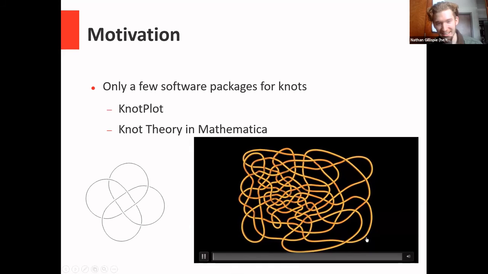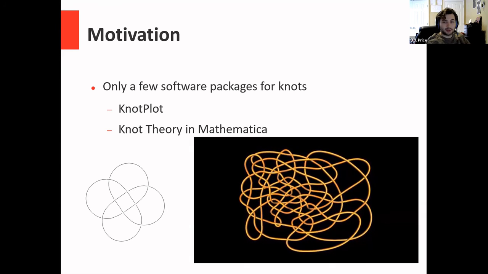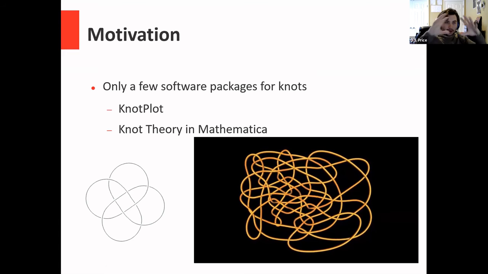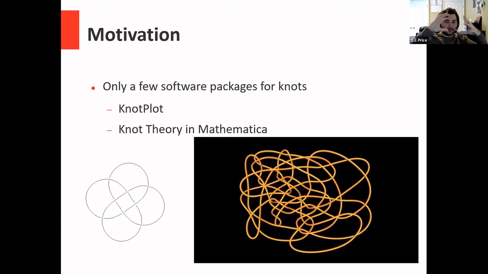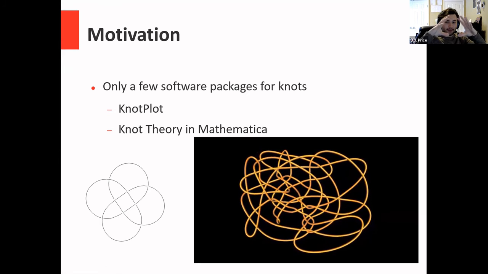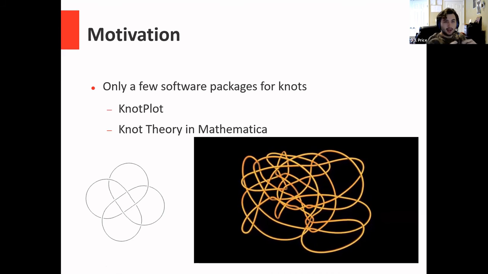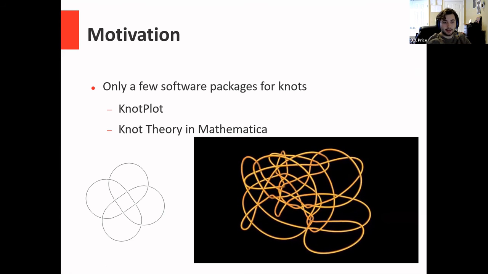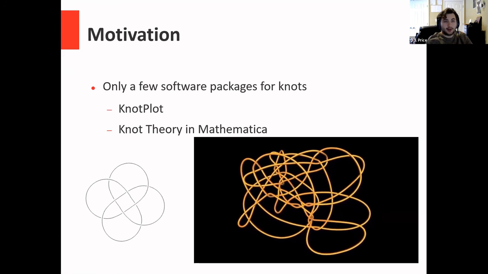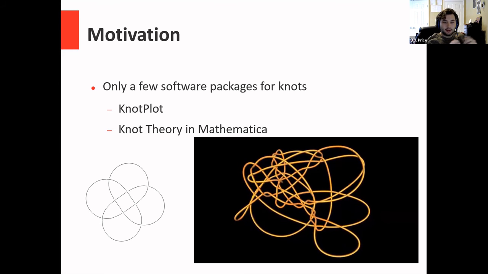So this is an example of KnotPlot, and what it's doing is it has this really complicated knot that's tangled up and has a bunch of unnecessary crossings and windings, and it's applying basically a physics simulation to it. This is really cool, because we can see this simplifying the knot.